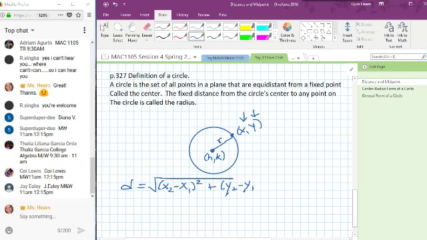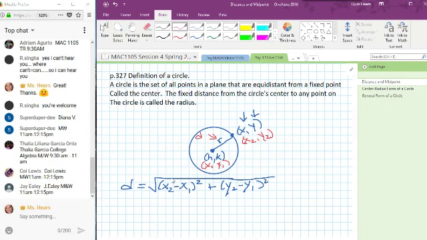And what we have here is 2 points. So we're going to think of h, k as our x1, y1, and we're going to think of this point here as our x2, y2. And r is the distance between them.